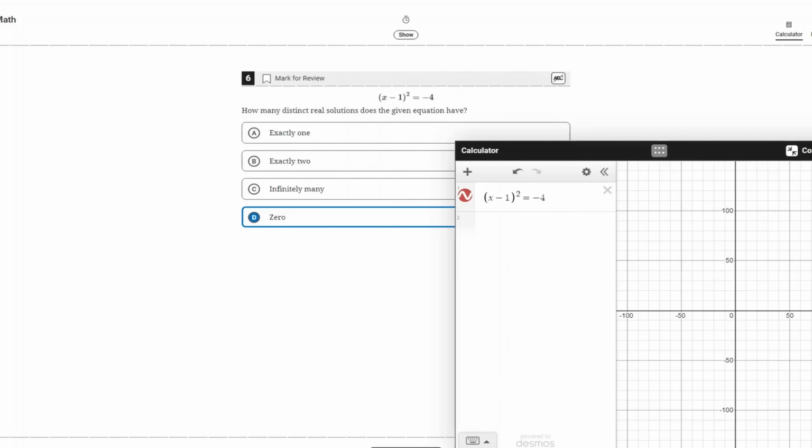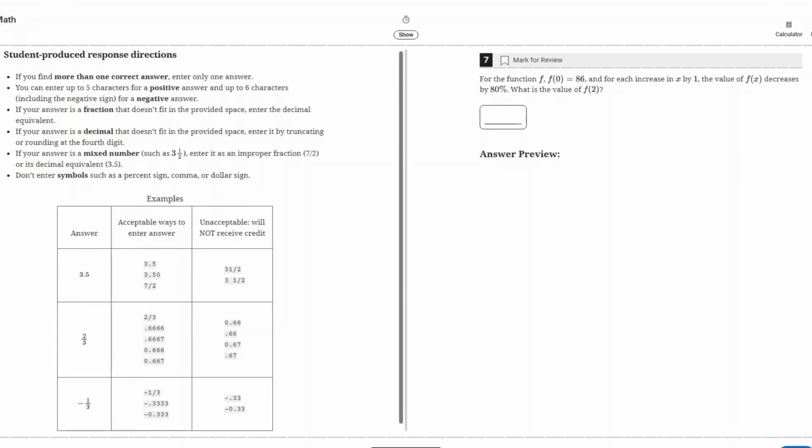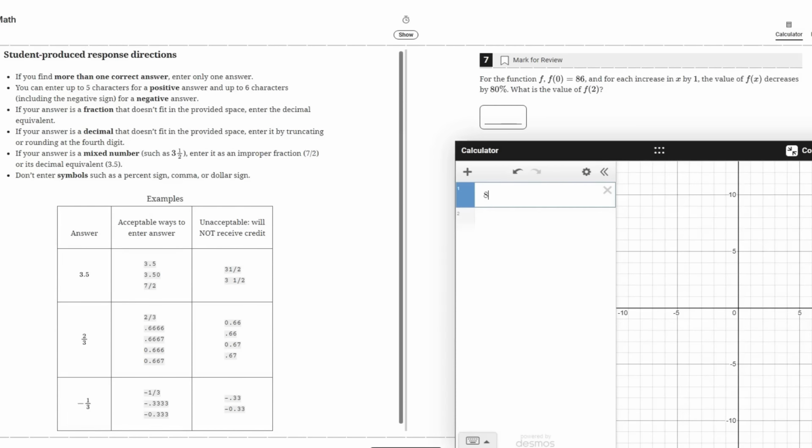All right? Next, for the function f, f of 0 is 86, and for each increase in x by 1, the value of f of x decreases by 8%. What's the value of f of 2? Okay, what I do is I begin by 86 times the value of f decreases by 8%, which means 92% remains, 0.92.